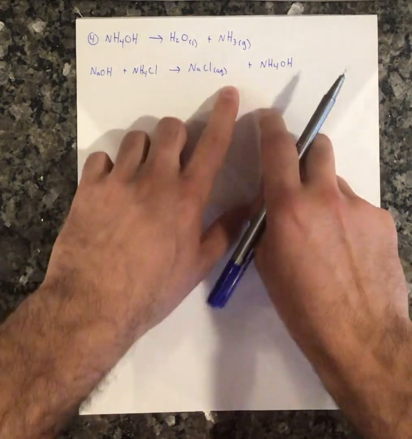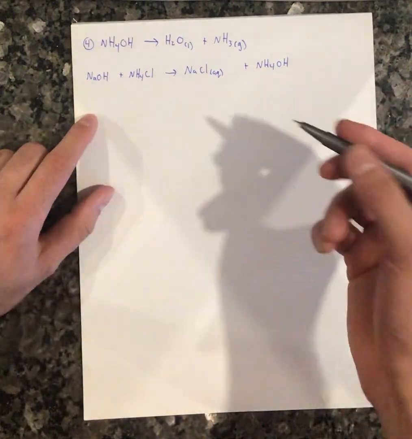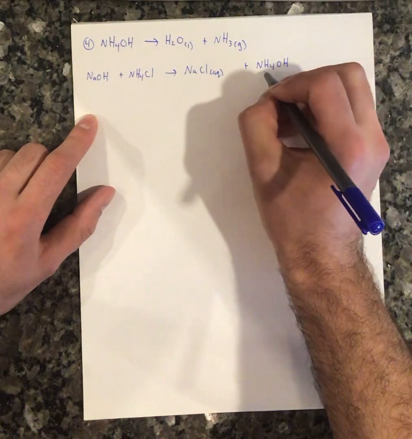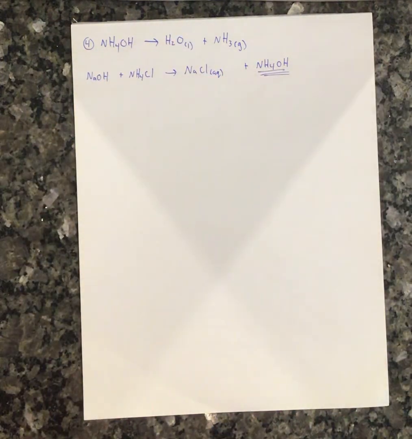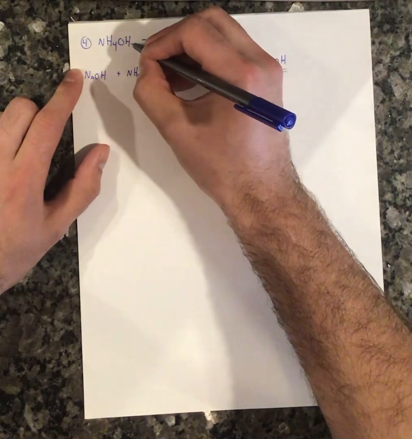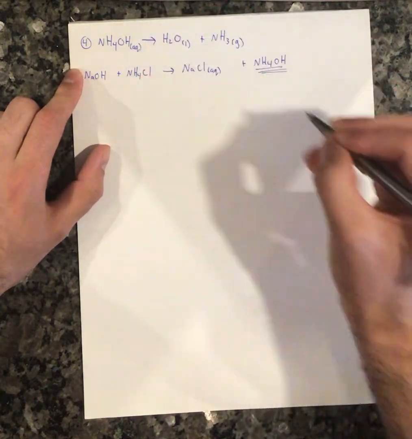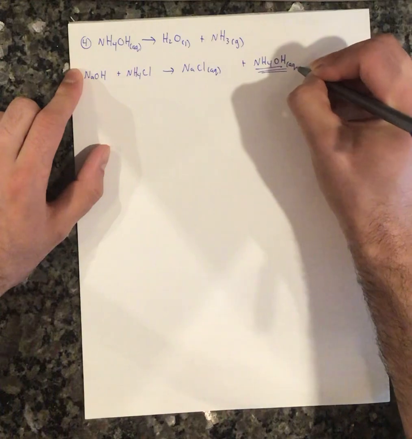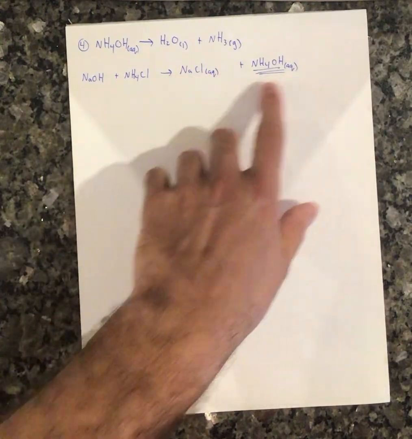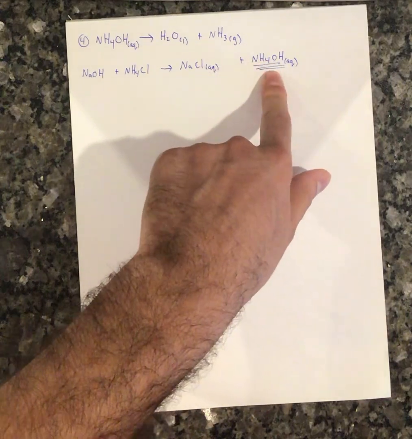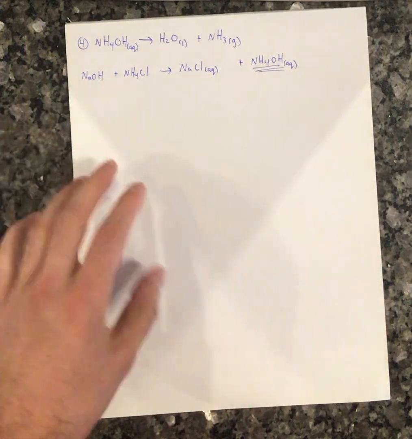So once again, same idea as the last reactions. Once you see this compound right here, you should be thinking that this will be decomposing. Once again, this also is an aqueous compound. Most grade 11s or grade 12s, once they see that there's two aqueous here, they'll just stop. They'll say, oh, there's no reaction.